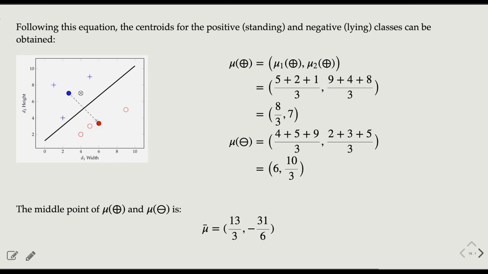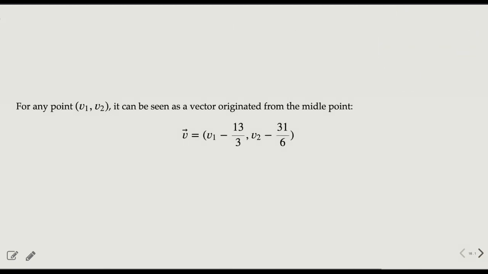And so with this in mind, let's look at how we can actually find out where the separation linear function should be. Again, v, which is on the dashed line, can be thought of as a vector from the center point, the middle point between the two centroids of the classes. If the value of v on the first dimension is v1 and the value of v on the second dimension is v2, then this is the vector representation for this vector v.